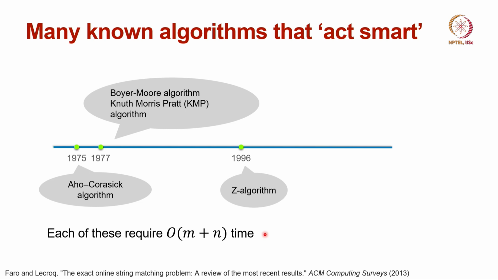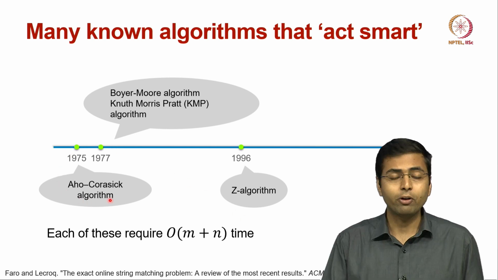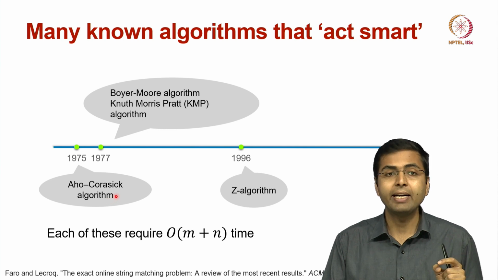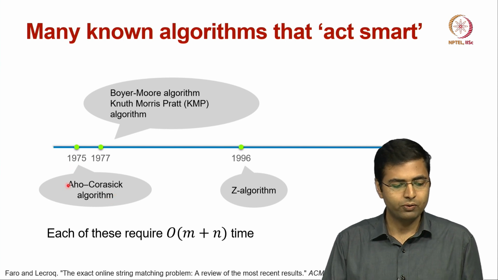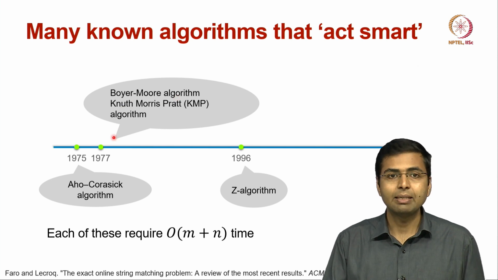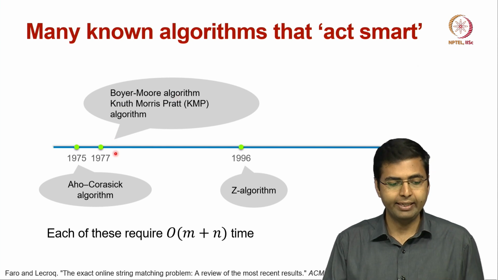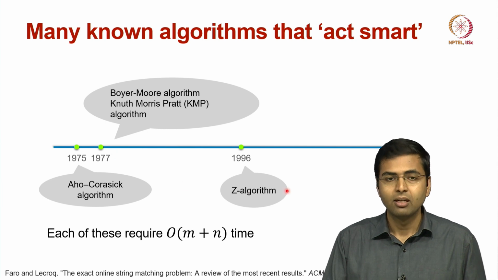Just looking at the history of these algorithms, most of the algorithms for the exact string matching problem were developed in the 1970s. The Aho-Corasick algorithm, Boyer-Moore algorithm, and KMP algorithm are some of the well known algorithms that were developed in the 1970s. The algorithm that we are going to study in this lecture is the Z algorithm, developed in 1996 by Dan Gusfield.